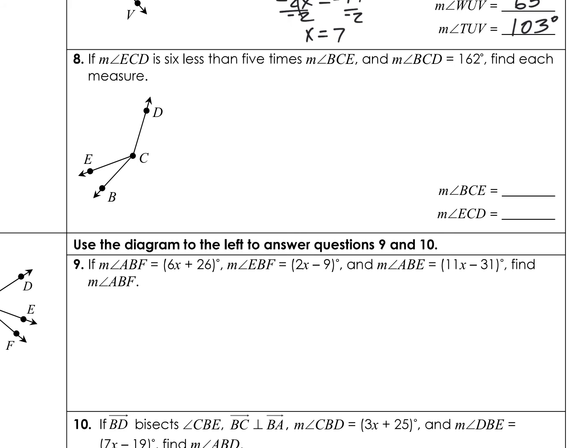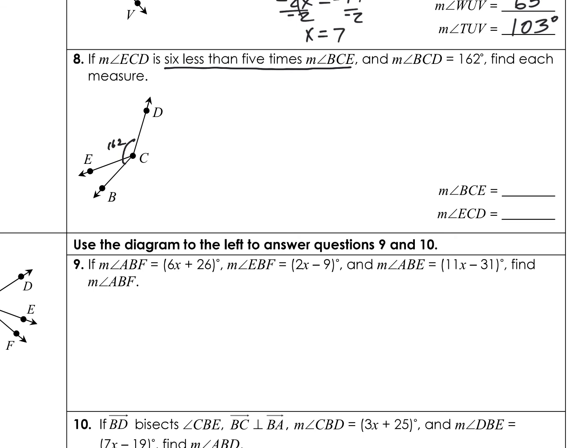Number 8, if the measure of angle ECD, okay, so we have to do some interpreting here, and this is always good practice. 6 less than 5 times BCE, and BCD, so this whole angle they're saying is 162. Find each measure.